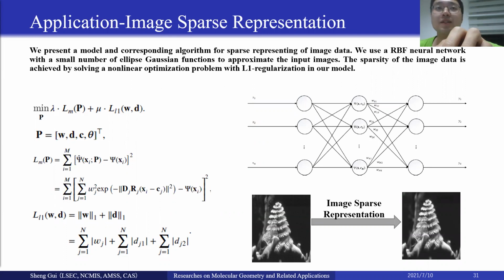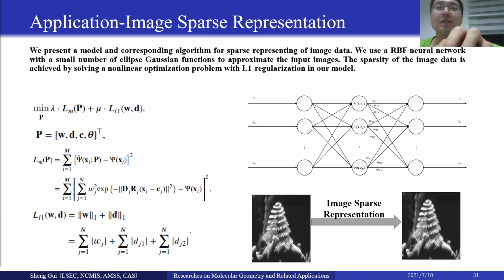The left term is the mean squared error between psi tilde and psi at input points xi. Psi is the input imagery, namely the label of our model, and psi tilde is the output of the sparse ellipse RBF neural network.